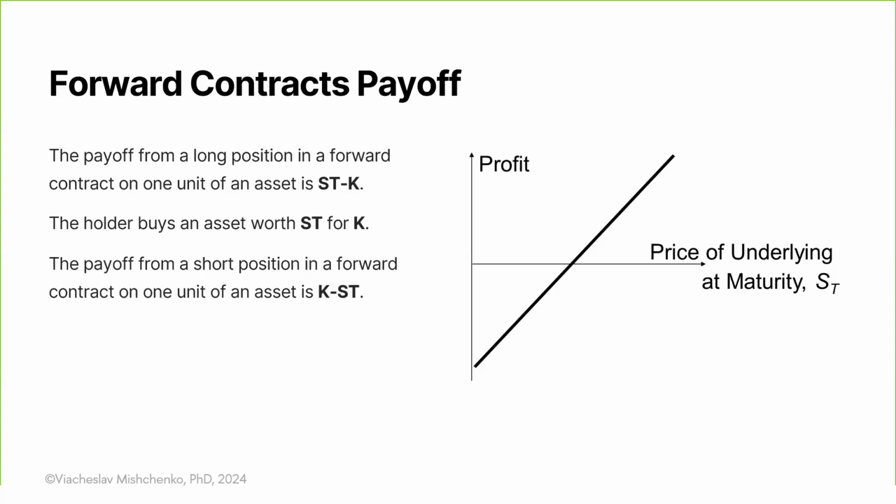And this graph on the right visually represents the profit structure for a long forward position. You have to notice here how the profit line intersects the x-axis at point K, which is the delivery price.